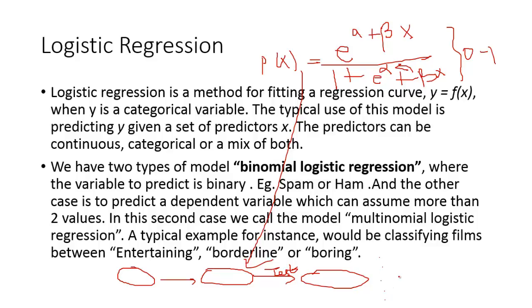So we can just set a threshold: if this is less than 0.5 we set it to 0, or if this is greater than 0.5 we set it to 1 for binomial classification. For multinomial we can use certain intervals, like 0 to 0.25 for one class, 0.25 to 0.5 for another, and similarly for the rest.